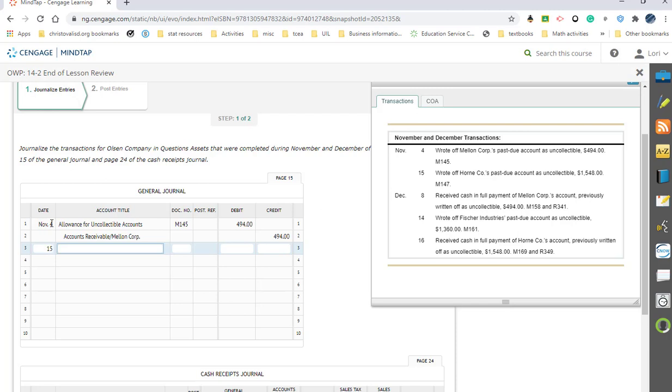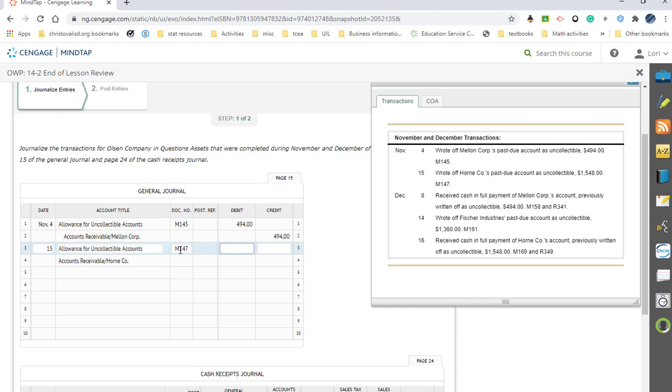So it's going to be the same two things, except on the second one, instead of Mellon Corp, we are going to put Horn Co. And this is in reference to memo 147.